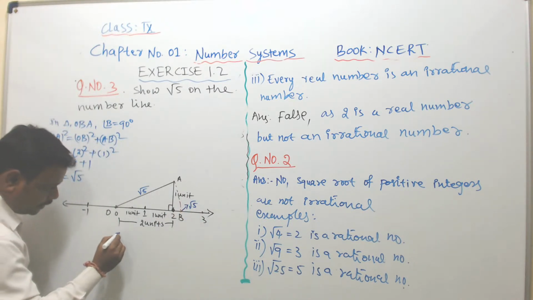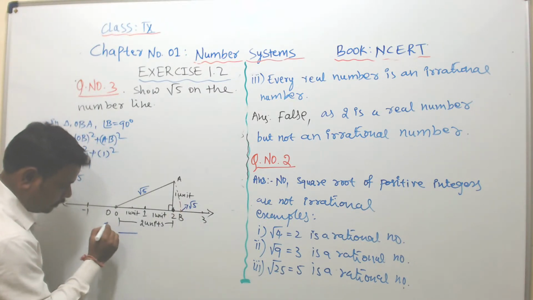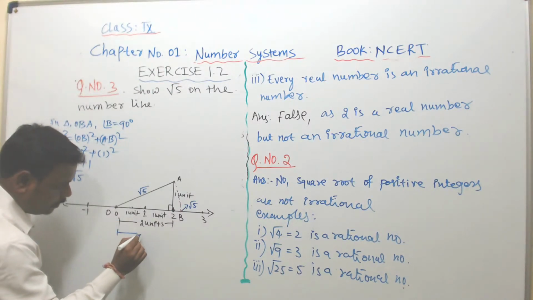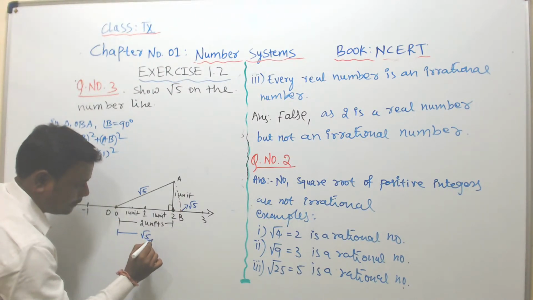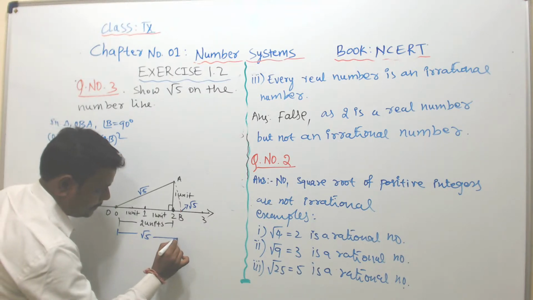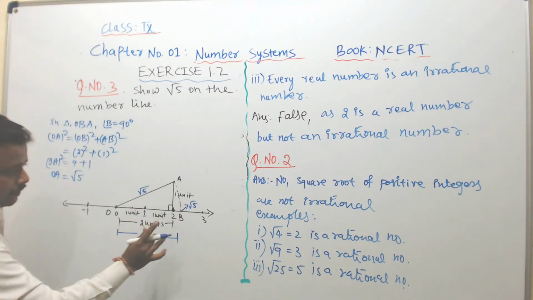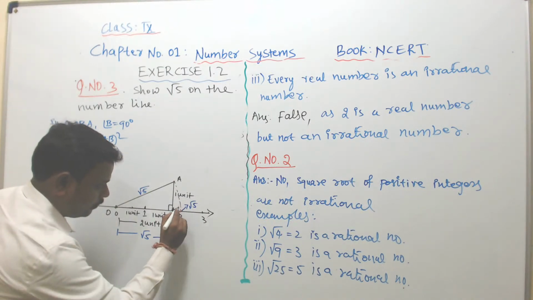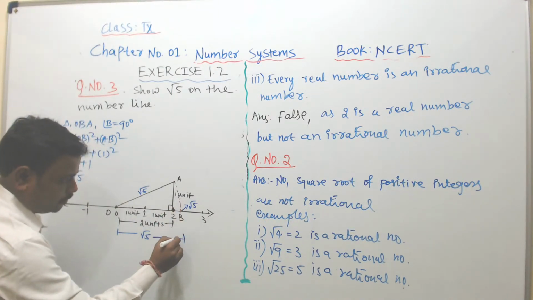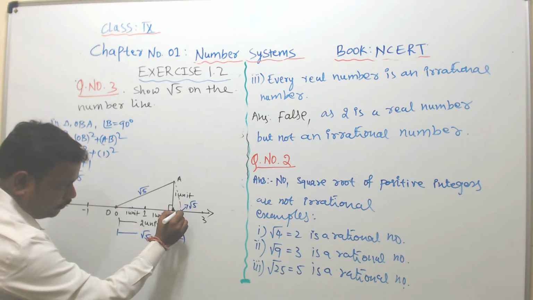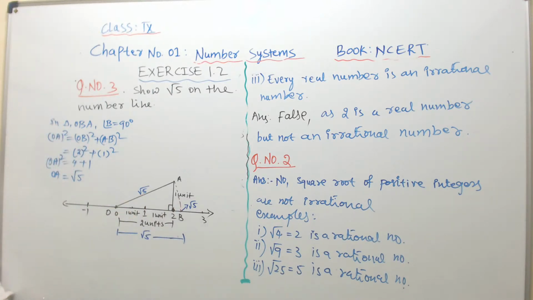So from this 0 to here is root 5, where that arc is cutting on the number line. Got it?